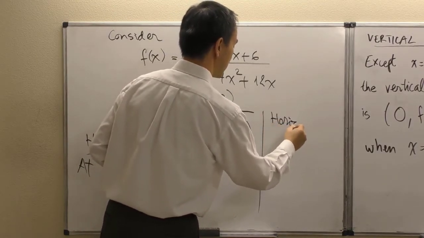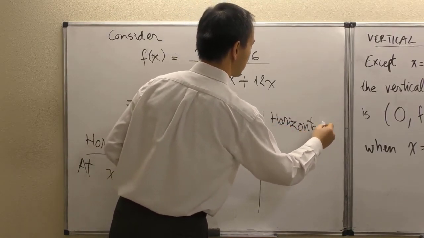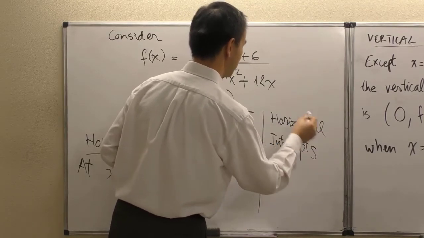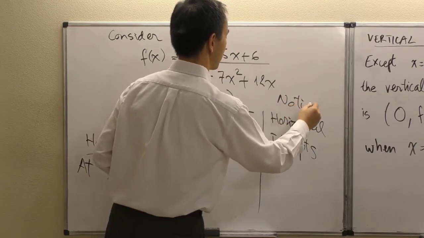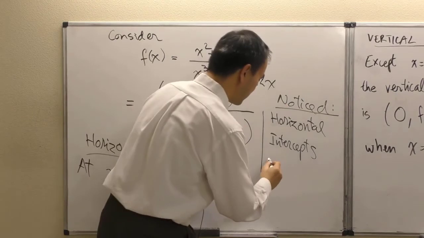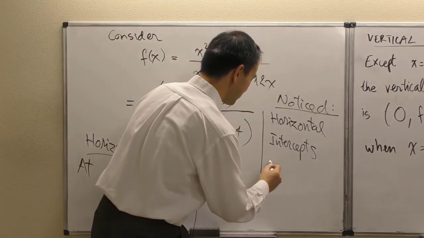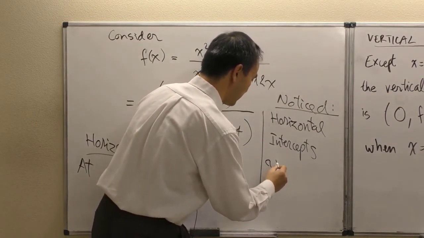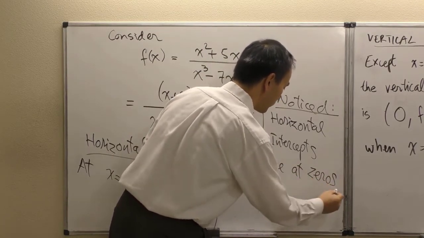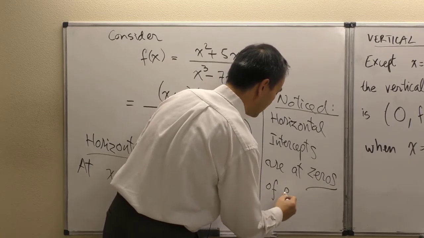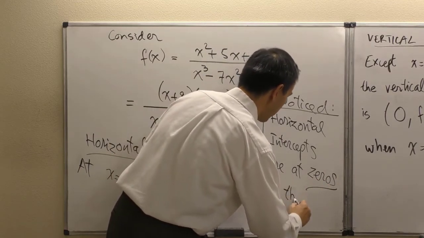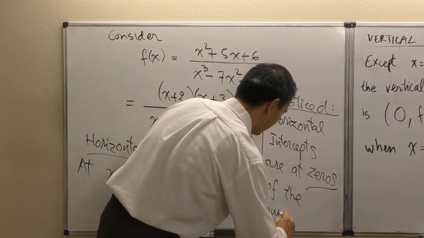What we notice here is that horizontal intercepts are at zeros of the numerator.